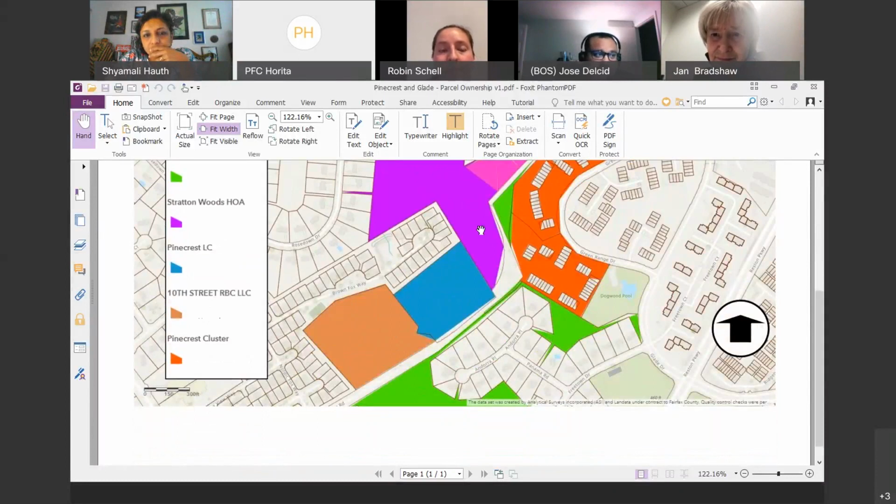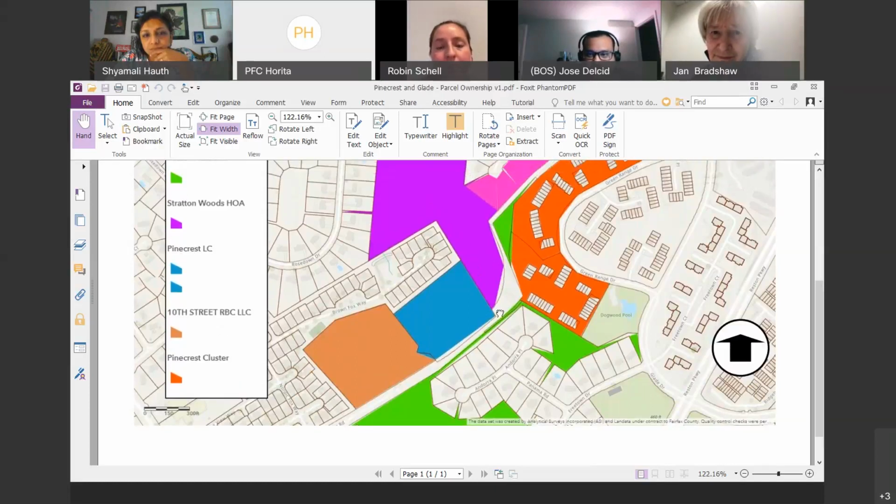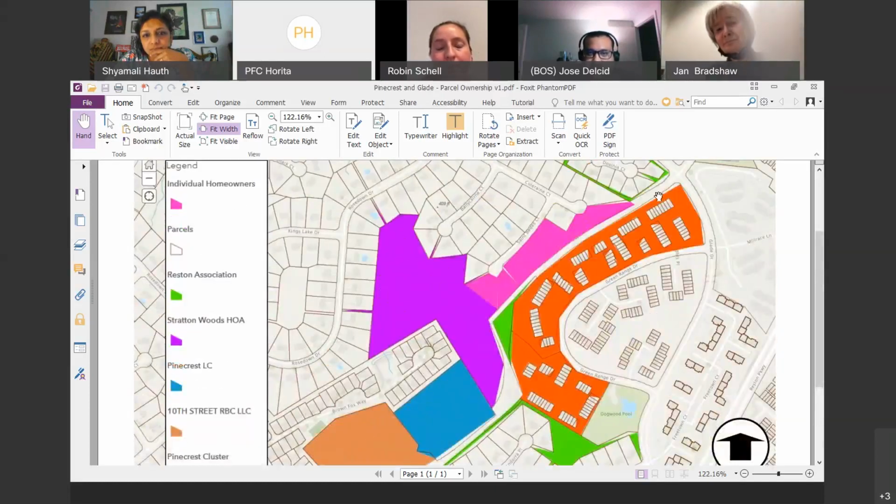It's not like I can click on this parcel and say Board of Supervisors, but because it's recorded as a road, it would be Fairfax County, for a road purpose. In general, that's really what it is.